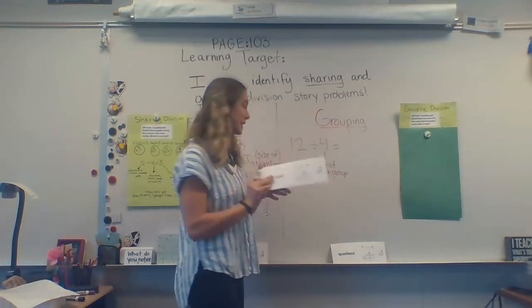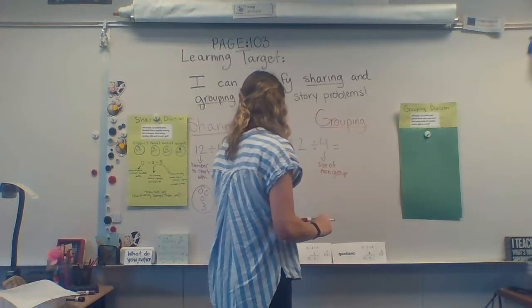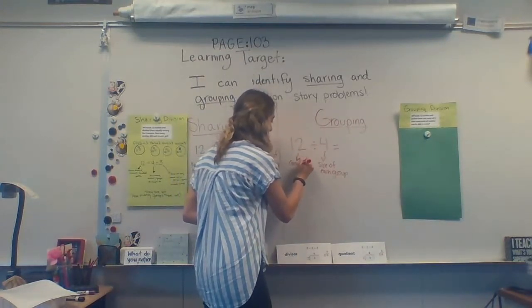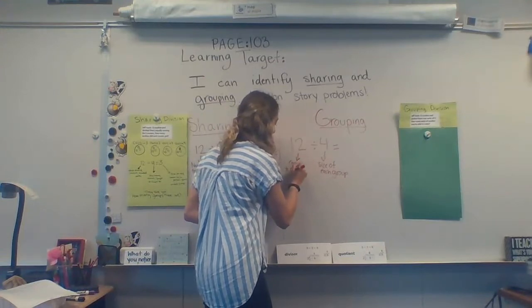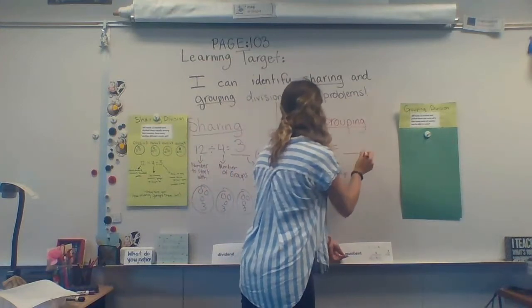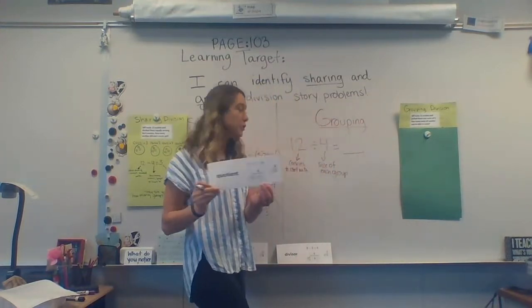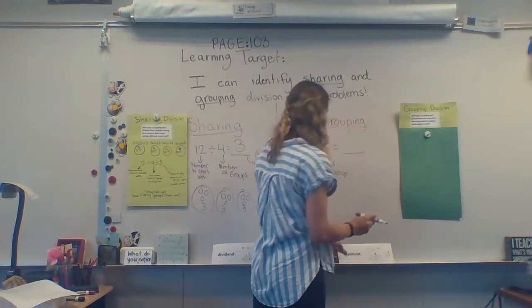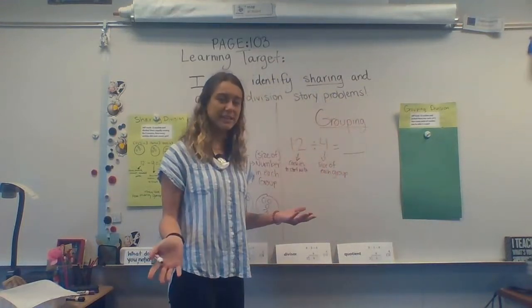We're dividing by 4. This is how many cookies we started with. And we're looking for our quotient, the answer to a division problem, which would mean that that's how many groups there are, because we know there's 4 in each sack.